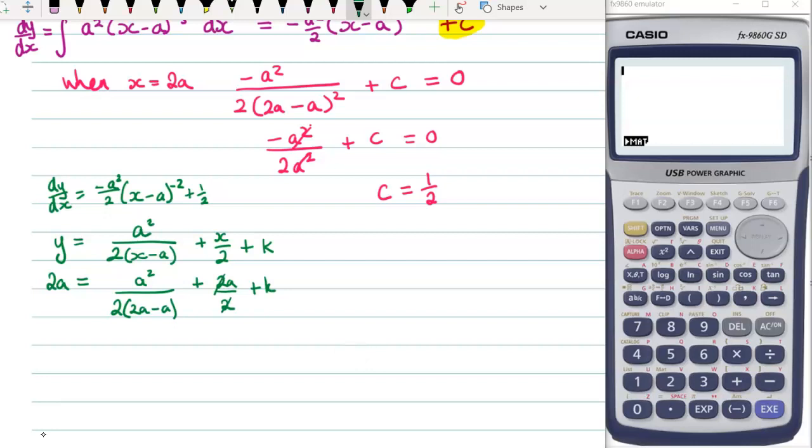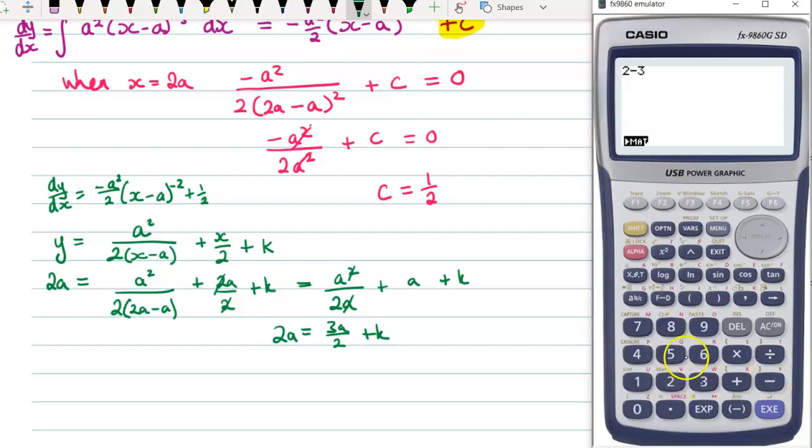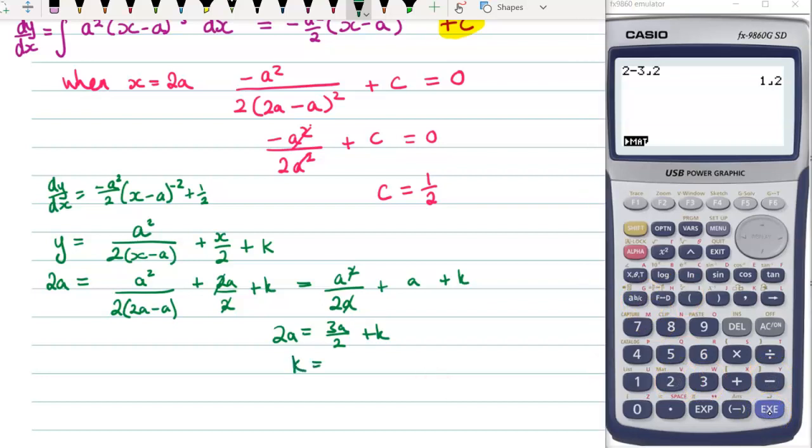We have 2a minus a is just a, so we end up with a squared over 2a. That a cancels with that one, plus an a plus k. So we have a half a plus an a, so that's 3a over 2 plus k is equal to 2a. If we do 2 minus 3 over 2, that's a half, so k is equal to a over 2.